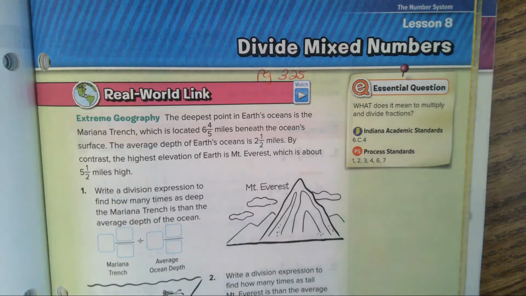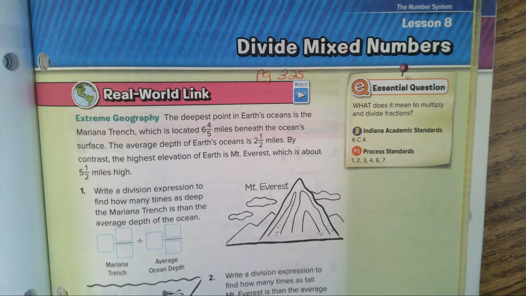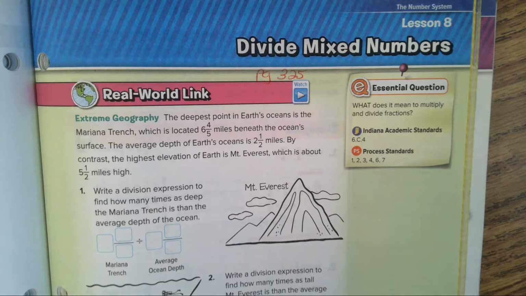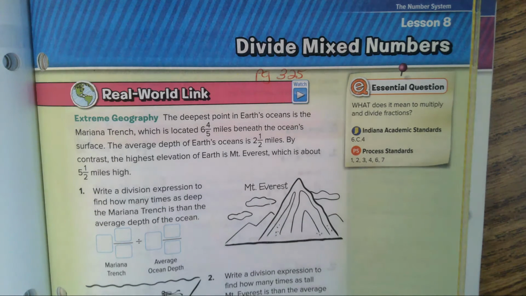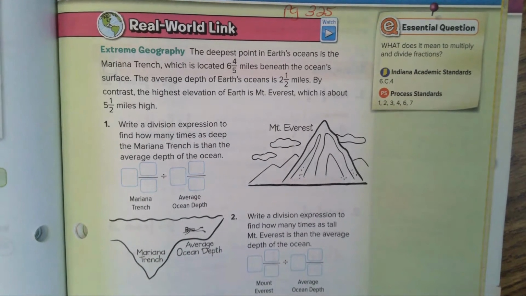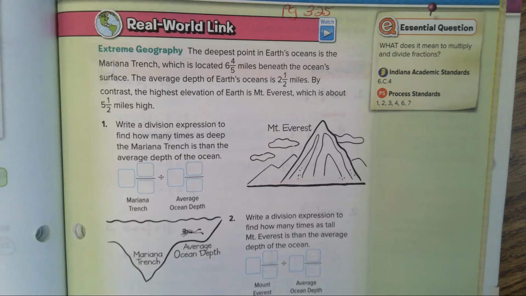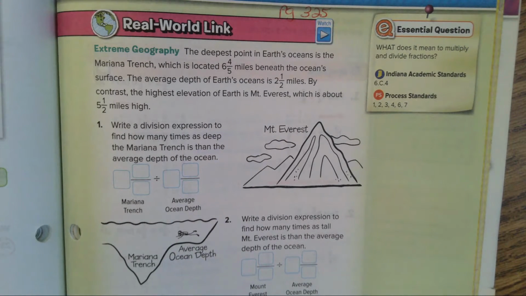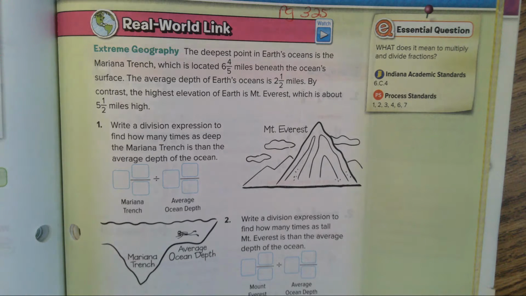All right, now we are on page 325, chapter 4, lesson 8, dividing mixed numbers. Here we have an extreme geography question. It says, the deepest point in Earth's oceans is the Mariana Trench, which is located 6 4/5 miles beneath the ocean's surface.